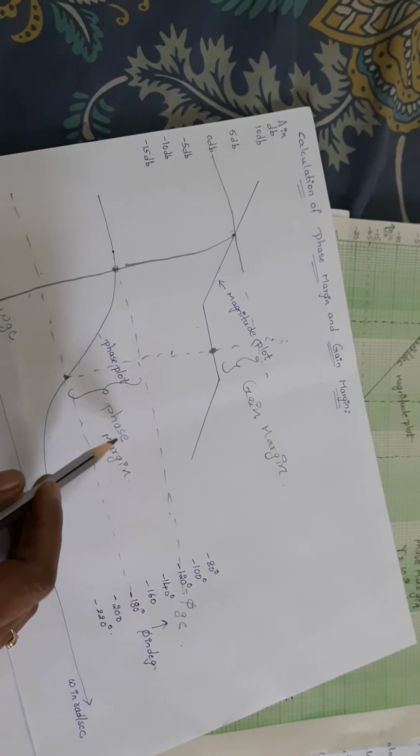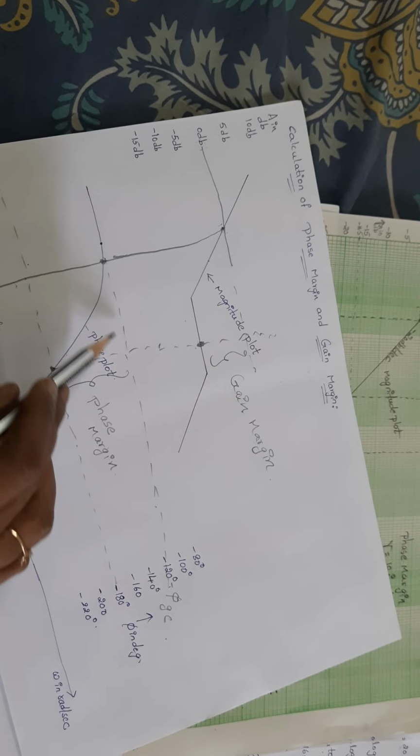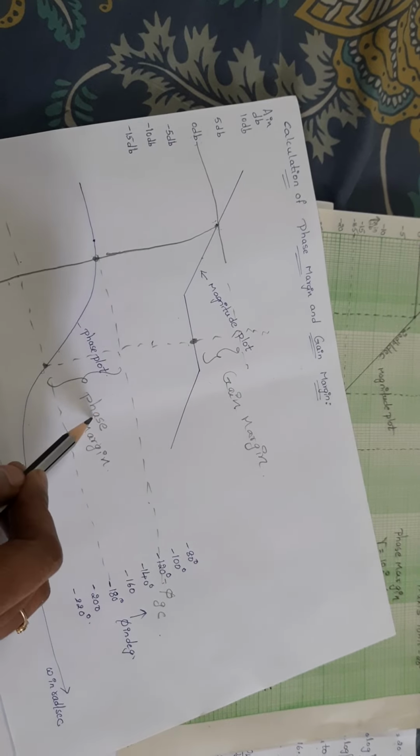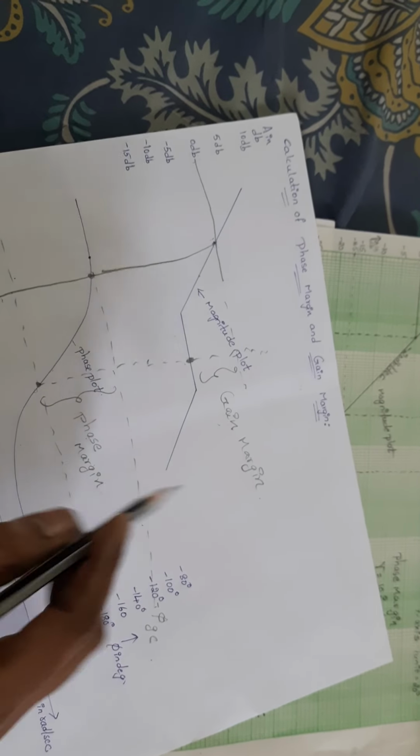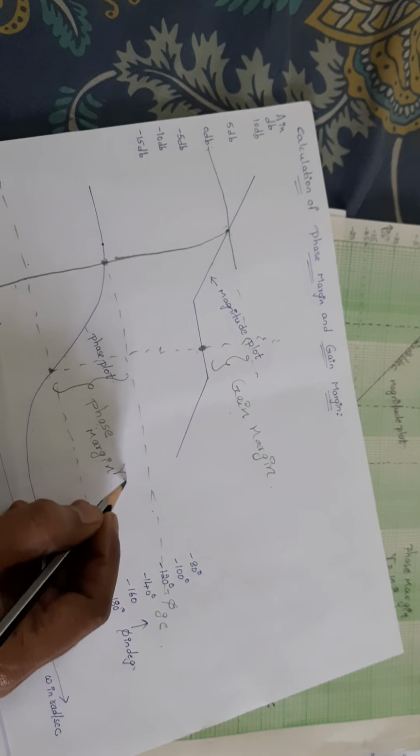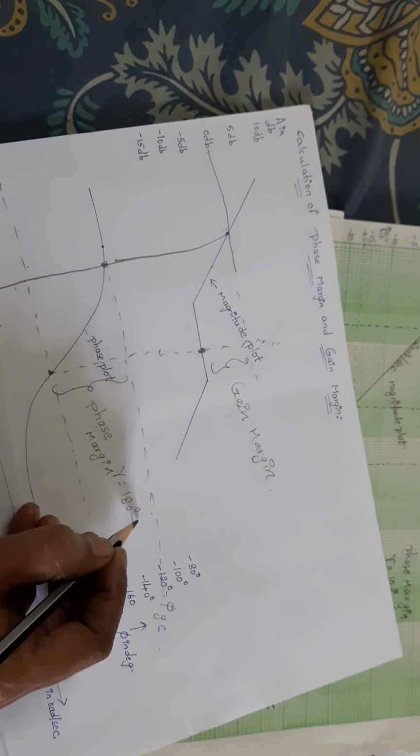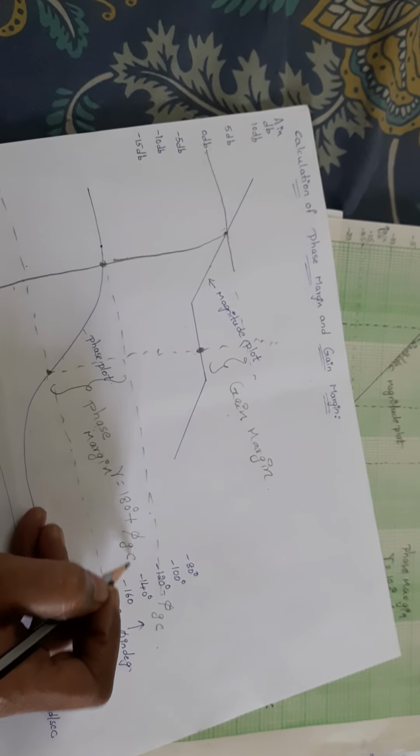Phase margin is nothing but the value it touches here. This is the phase margin and this is the gain margin. And you know the phase margin formula, gamma equals 180 degrees plus phi GC. Thank you.